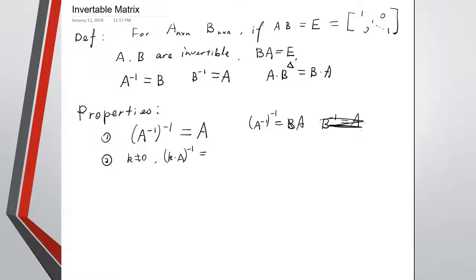So that's why we can say A's inverse will be B, B's inverse will be A. The same thing. So let's take K times the original matrix A as a new matrix as a whole, right? So all we need is to find a special matrix which can make this multiplication the E matrix. Well, you have to think about it.